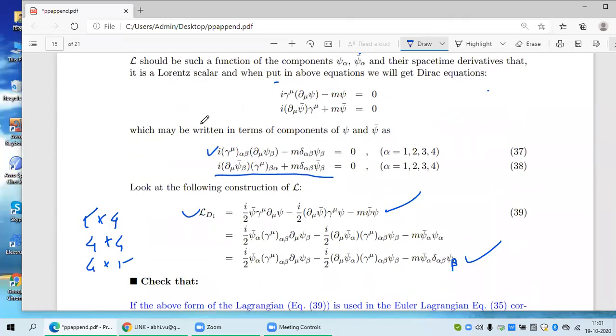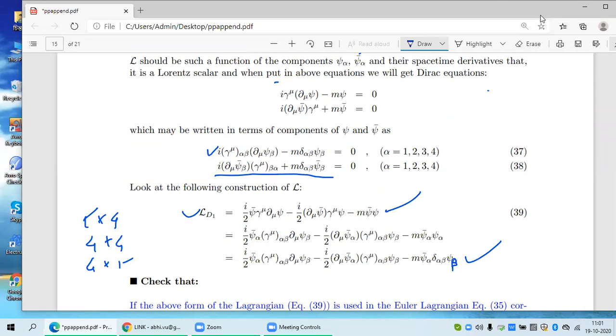The same way you got it for phi and phi star for your complex Klein-Gordon field. For this, you put the Lagrangian in the equation for phi, you will get the equation of motion for phi star. And if you put the Lagrangian in the other Lagrange equation for phi star, you will get the equation of motion of phi.